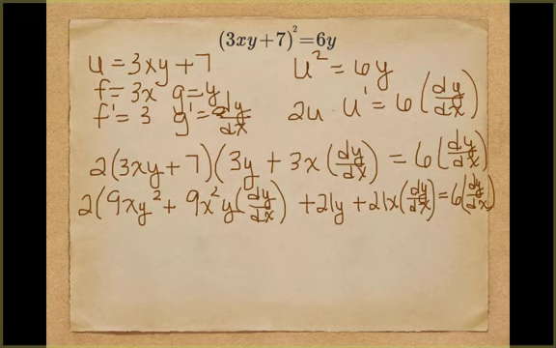Close my parentheses here, which should go right there. Then we do have to simplify and multiply everything by 2.